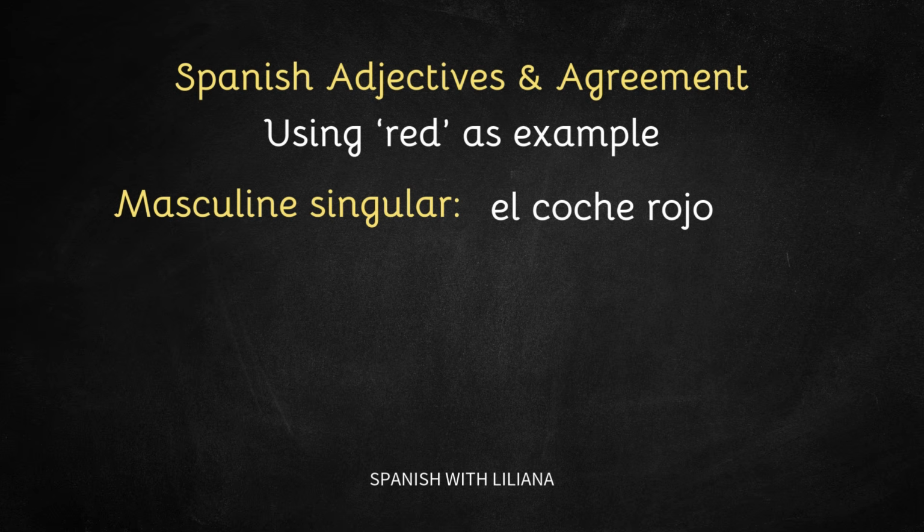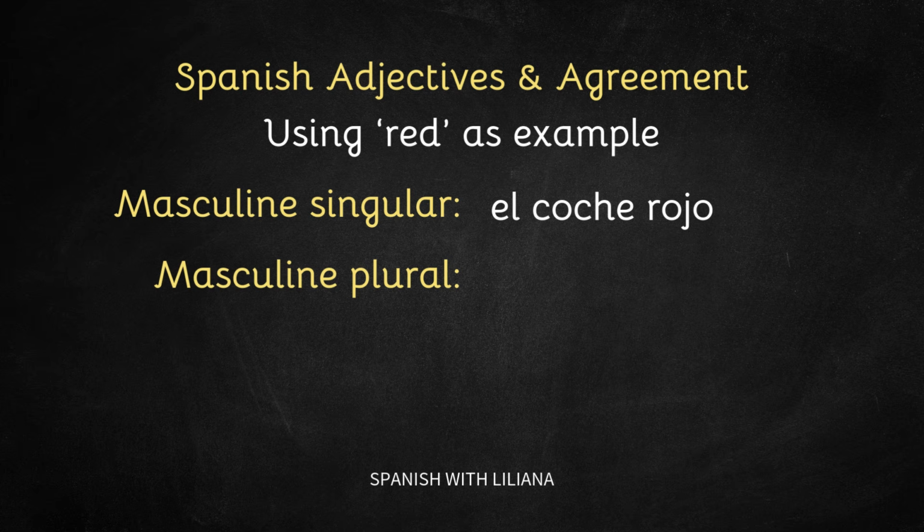But if we change the gender or number of the nouns that we mention, we have to change the adjectives. So if we say the red cars, cars being plural, in Spanish we have to change the article to los coches. The noun changes to plural as well, coches. And then rojo becomes rojos. Los coches rojos. So we have to make sure the adjective matches the noun.